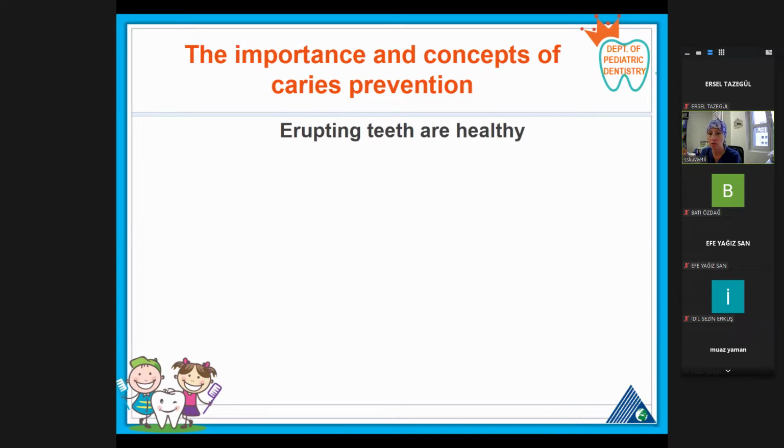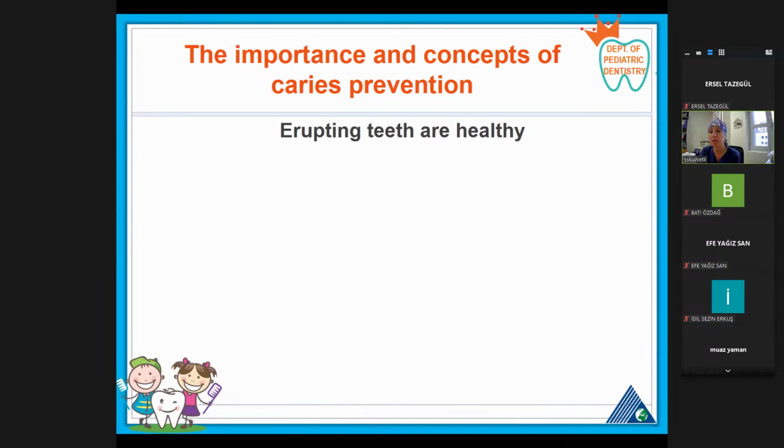So in this course, which is named Cariology and Preventive Dentistry, you will see the etiology of dental caries, and then you will relate the prevention of dental caries together. So we know that erupting teeth are healthy, and dental caries is an acquired disease.